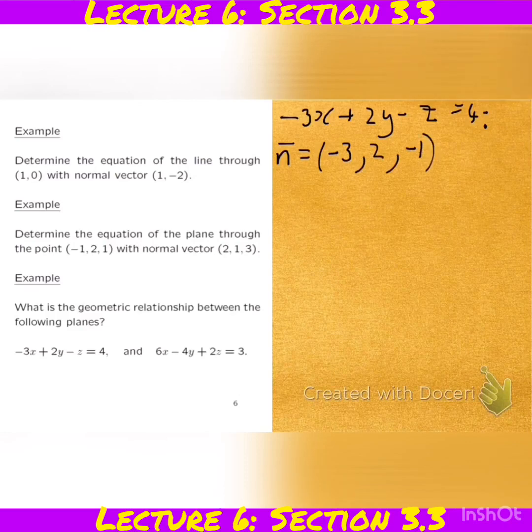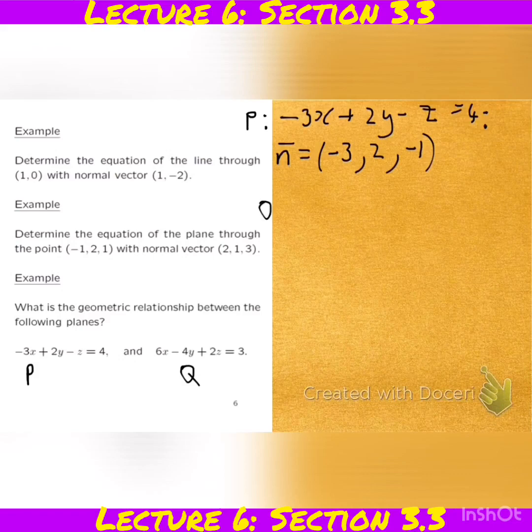This normal vector is basically orthogonal to every vector that lies on the plane. Let's call this plane P and that plane Q. So that's the normal vector for the plane P.